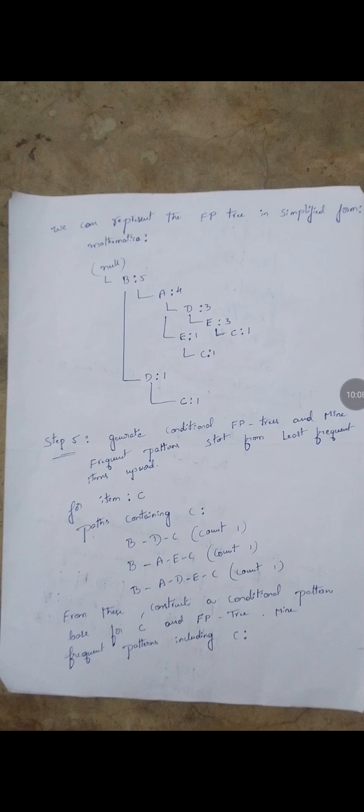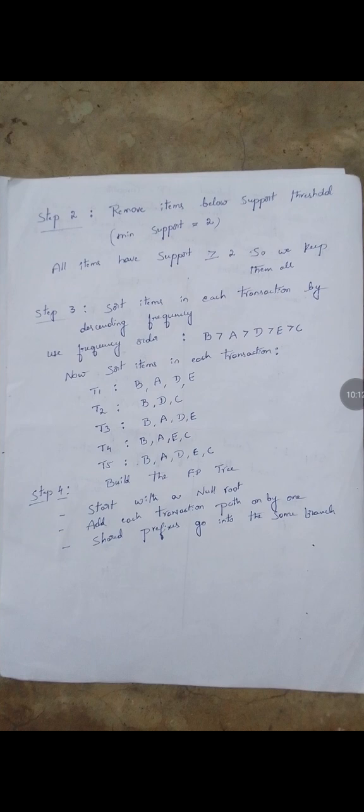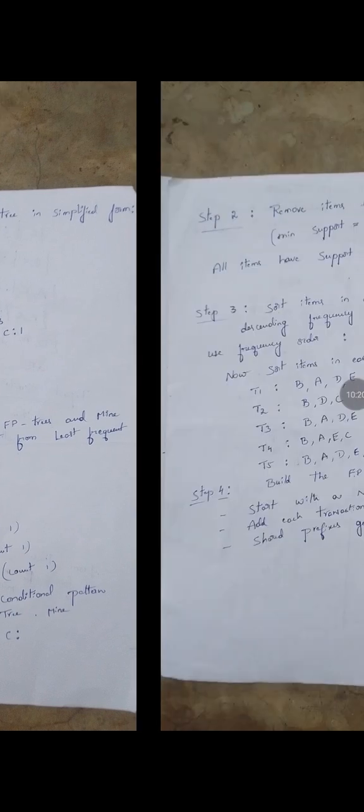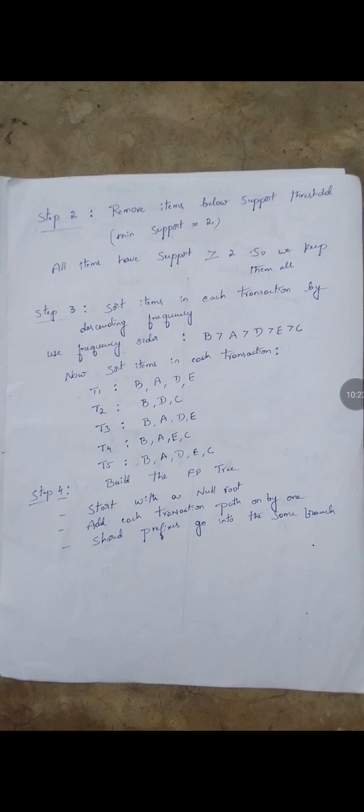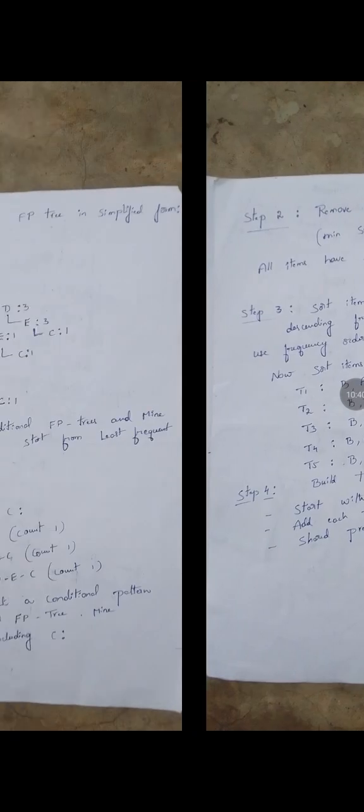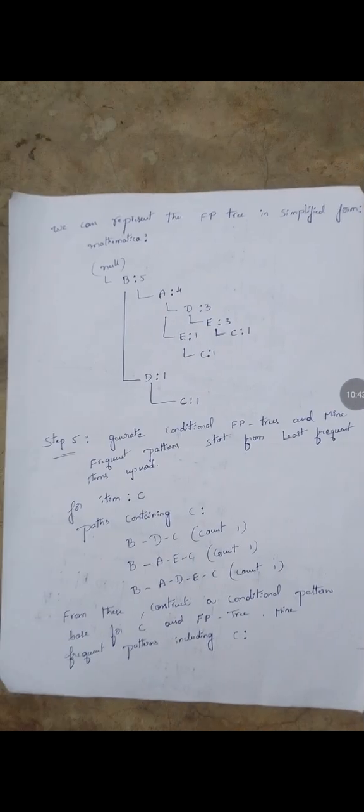That means for every particular path we are identifying a separate tree structure as per each transaction. BADE is the T1 transaction. BDC is the T2 transaction, for which we have drawn a separate path for B, D, C. BADE is repeated in the same path.